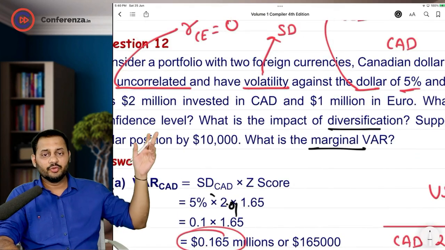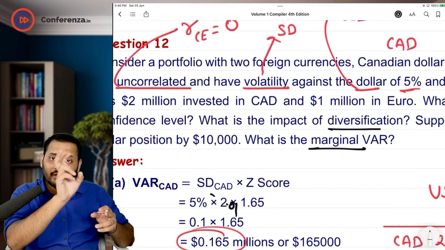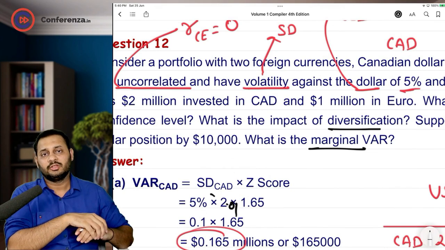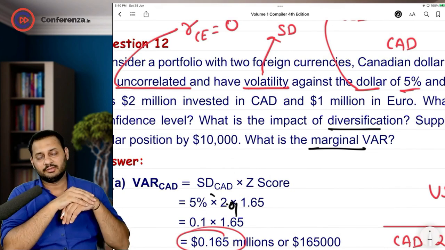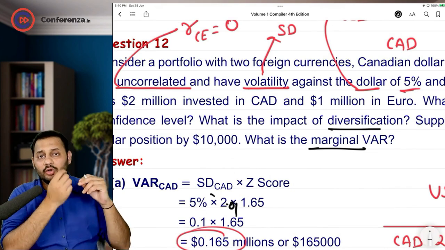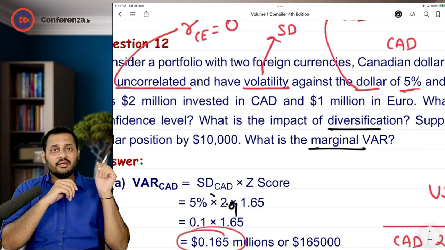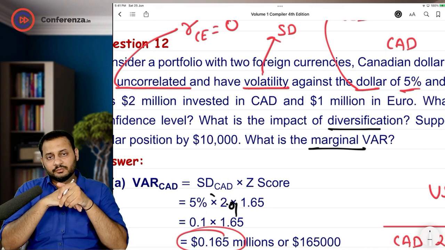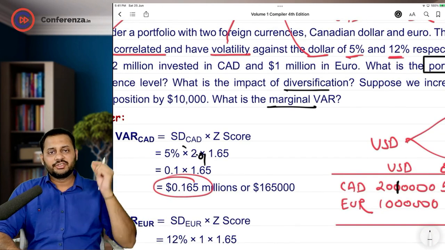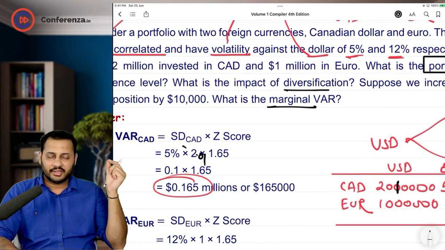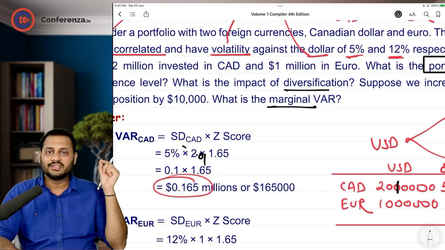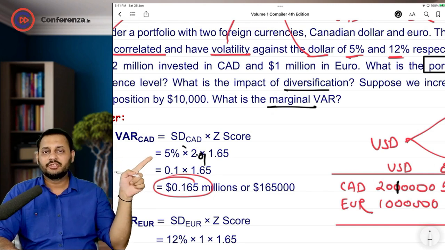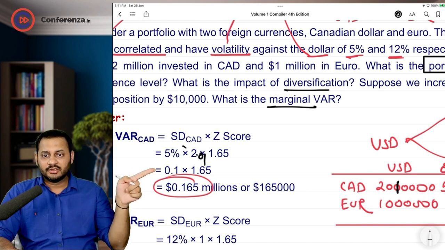They are asking you to calculate the new portfolio VAR and compare it with the old portfolio VAR, and then tell what is the extra VAR that is being incurred. You just have to change one figure. Instead of 2 million Canadian dollar, change it to 2.01. The moment you change it to 2.01, this figure will change.